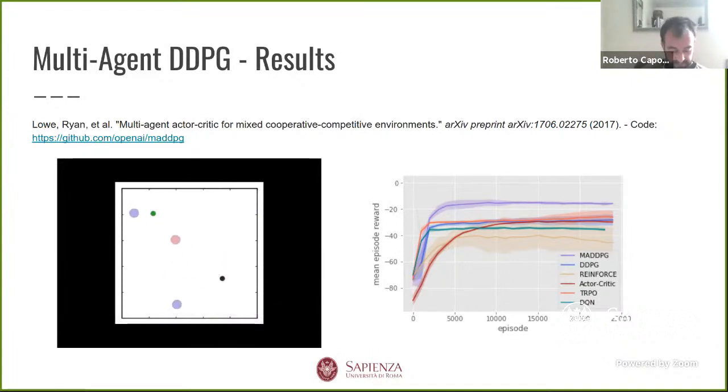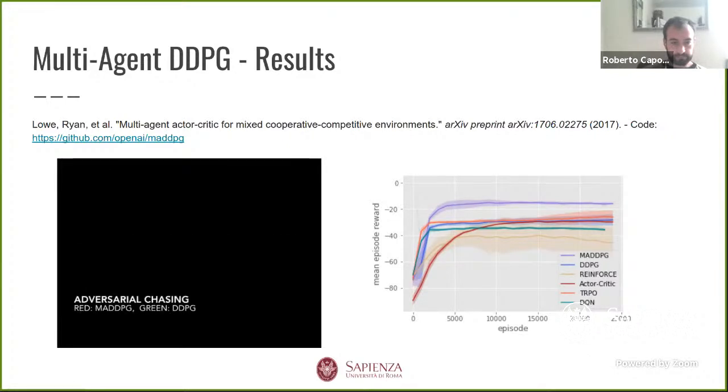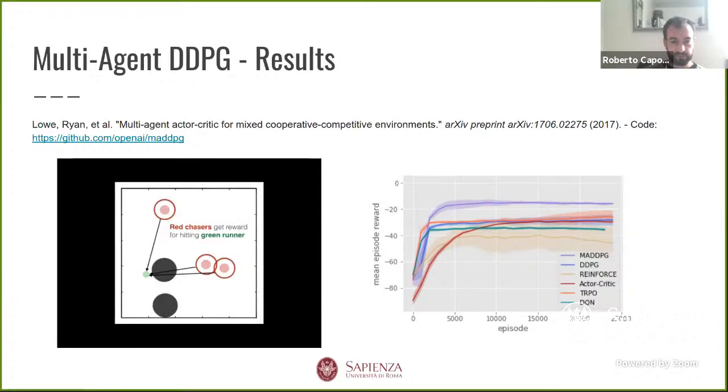The DDPG compared to multi-agent DDPG performs much worse in this physical deception task. Now there is adversarial chasing. So there is the green agent that runs DDPG and the red one that runs multi-agent DDPG.